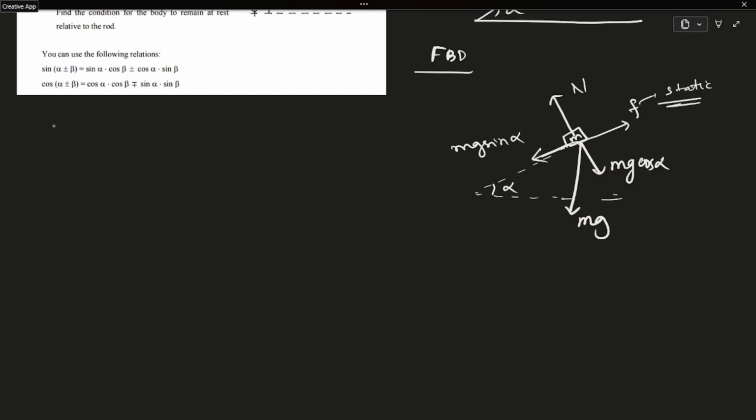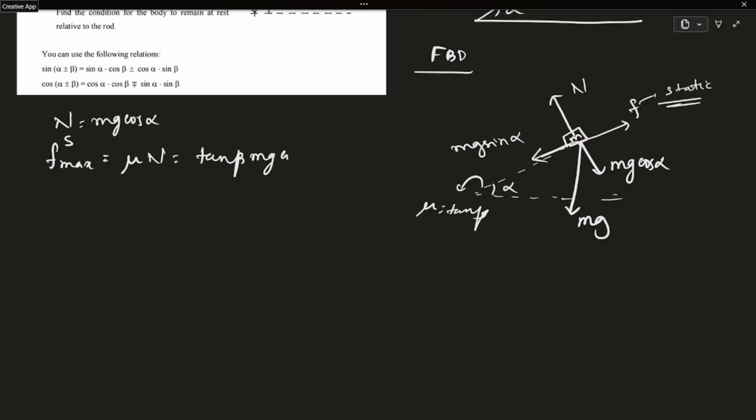So N equals mg cos alpha. What is the maximum value of friction? Mu is given as tan beta, so F static max is mu into N, which is tan beta mg cos alpha.